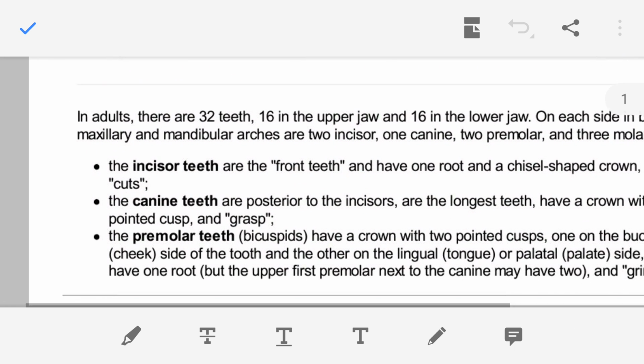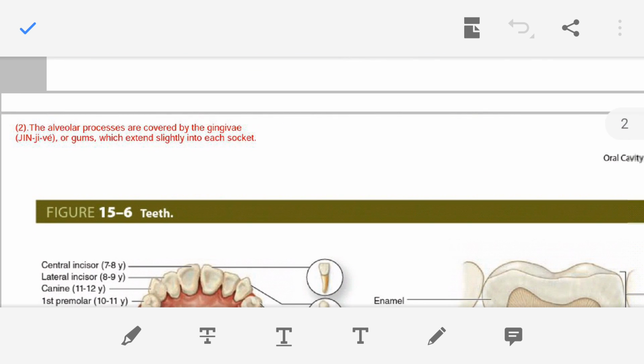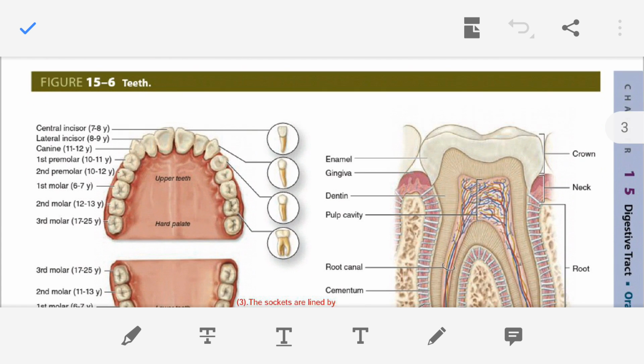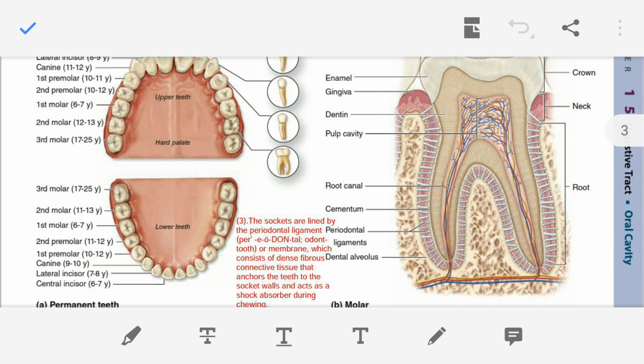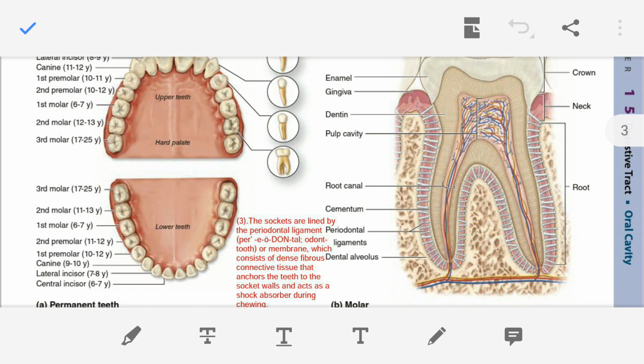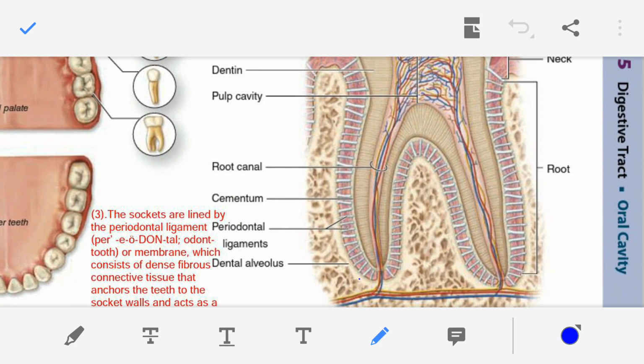Now moving on to the second point of our discussion. This is regarding the alveolar process. So first of all, I am showing you the alveolar bone. For example, this one is the alveolar bone, and this projection outside this part, this is the alveolar process.